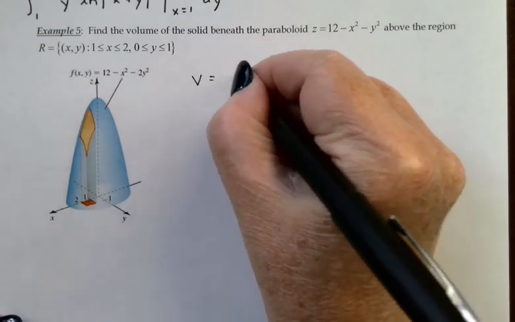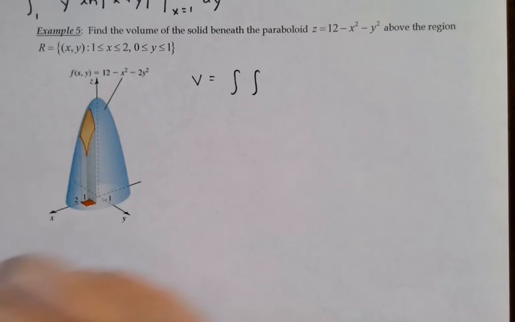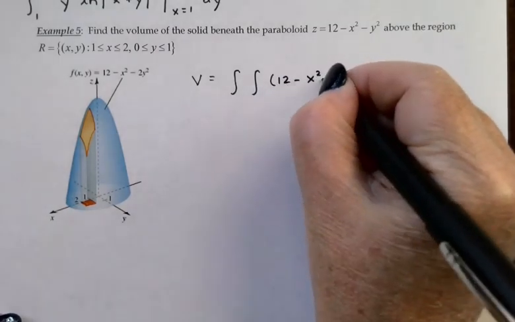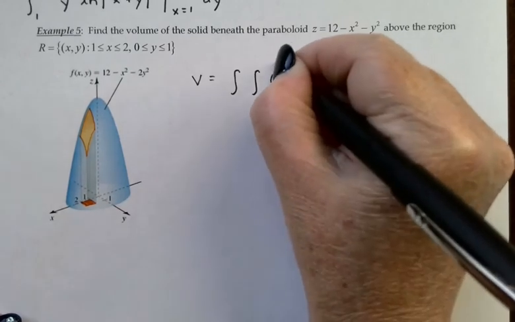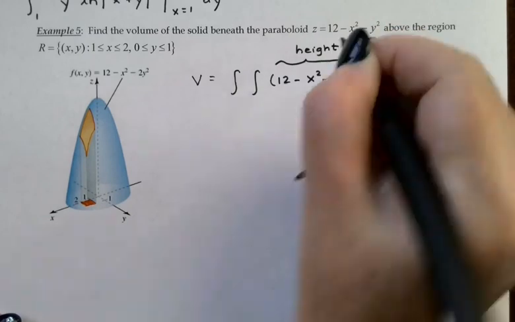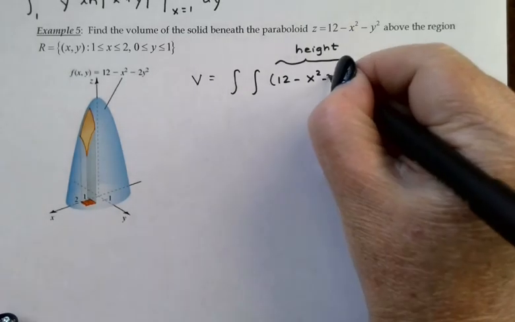To find the volume, we do the double integral of the function, the height, 12 minus x squared minus y squared. We always integrate the height function. And then I'm going to decide whether to do dx or oh, excuse me, that was a 2y squared. Let me fix that.